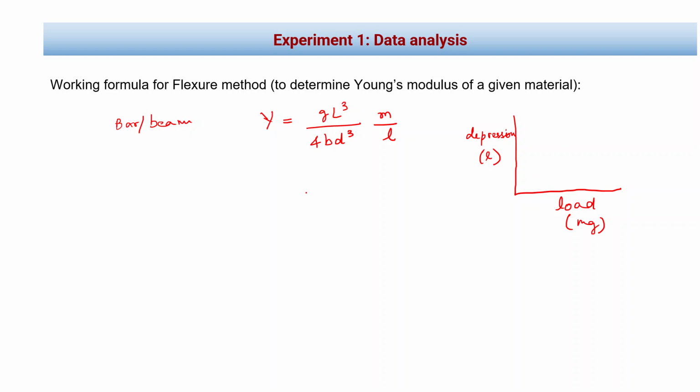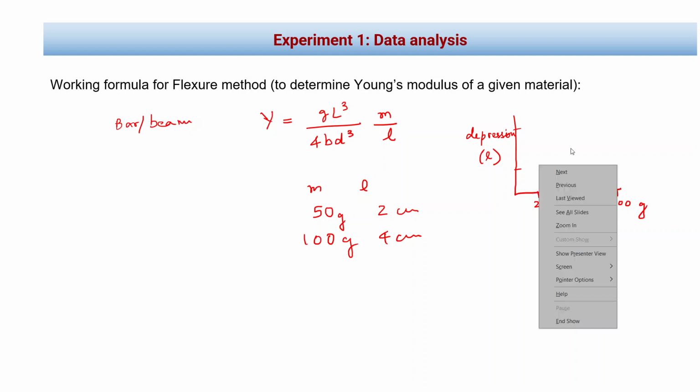So say for some mass, say 50 gram, it moves to some 2 centimeter, and for 100 gram it moves to 4 centimeter, like this. So when we plot that, say this is 25 gram, this is 50, this is 100 gram, and correspondingly there is 2 or 4 centimeter depression.